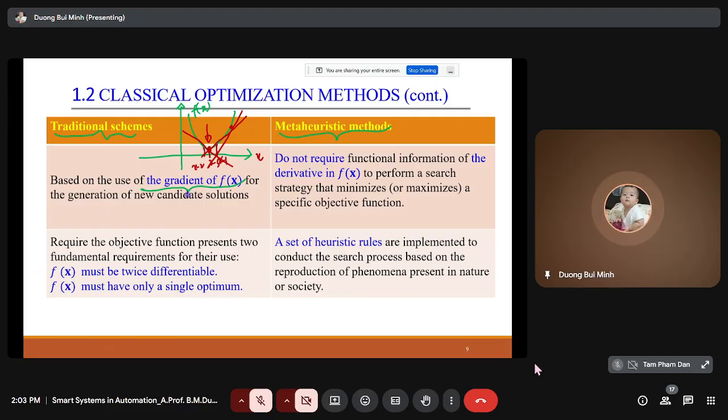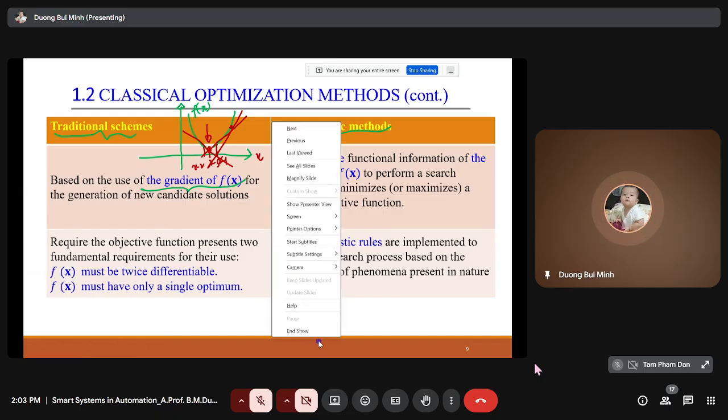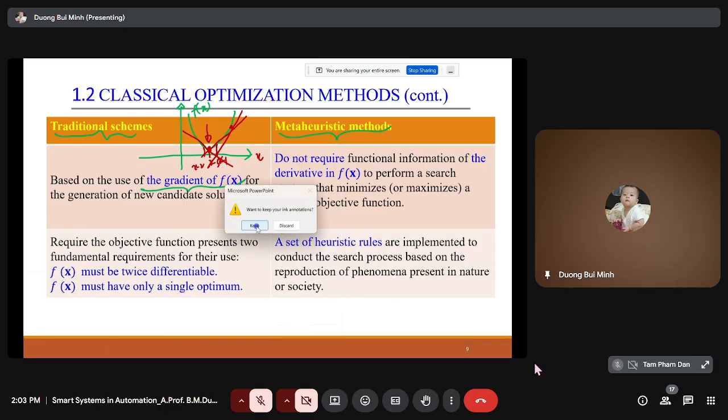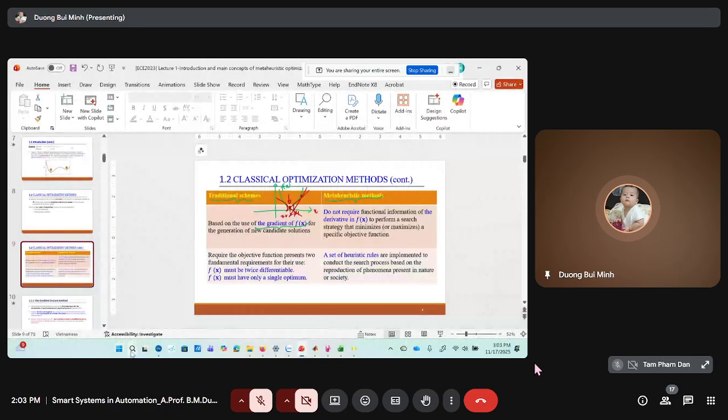That is the reason we say gradient of f(x). But the gradient of f(x) is not always good. Why? Because we have some limitations, and I will show you here.